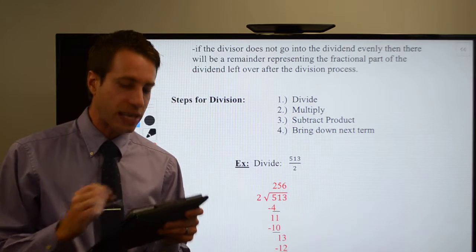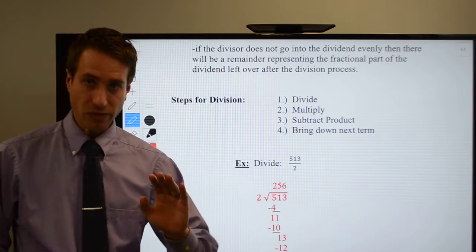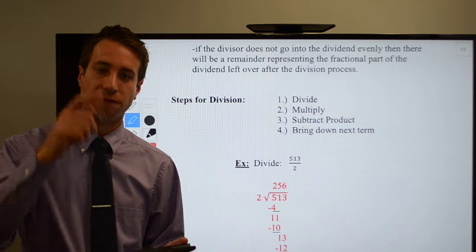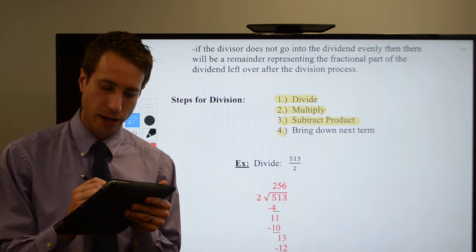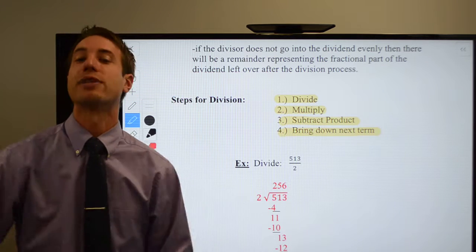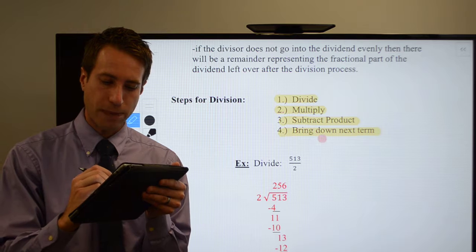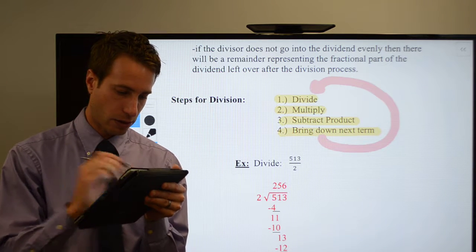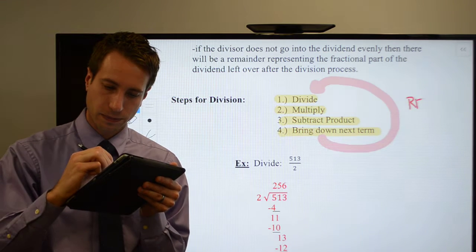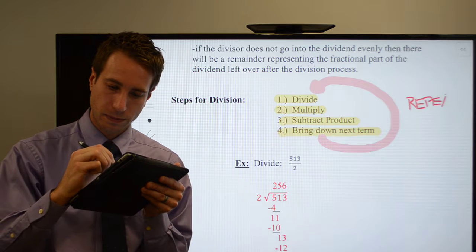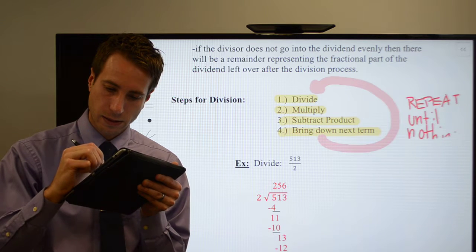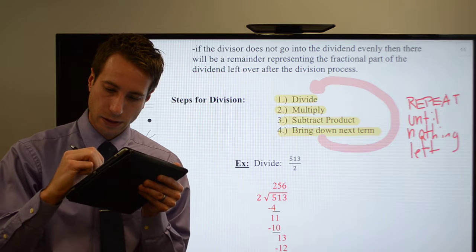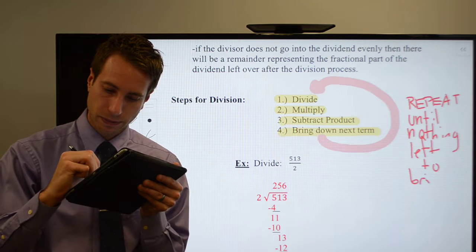Now, one more thing to quickly point out before we jump into how this actually works. Remember, it is a multi-step process for doing long division. The first thing you're going to do is divide, then multiply, subtract the product, and then bring down the next term. You then go back to the beginning and repeat until there is nothing left to bring down.